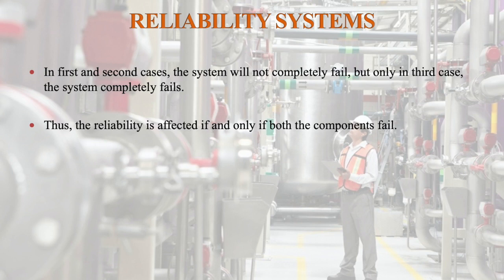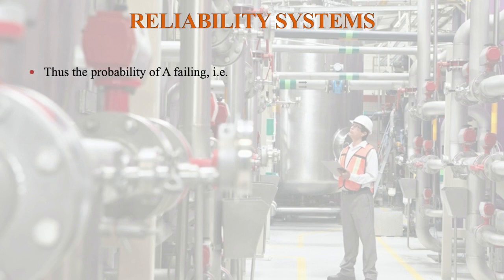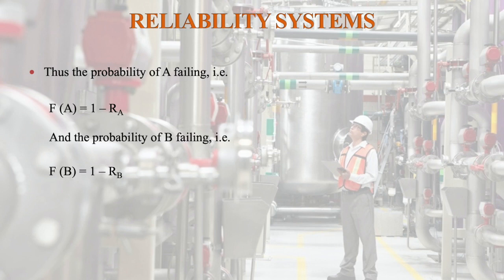Thus the reliability is affected if and only if both the components fail. Thus the probability of A failing is FA is equal to 1 minus RA, and the probability of B failing is FB is equal to 1 minus RB.